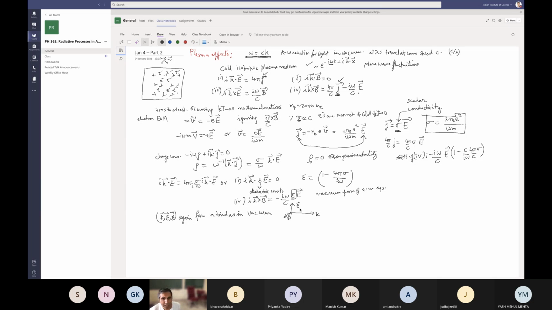Okay, and what about the dispersion relation? What about the equivalent of this equation? Let's see. These two equations remain the same, and we have 1 and 4. So what do we do?